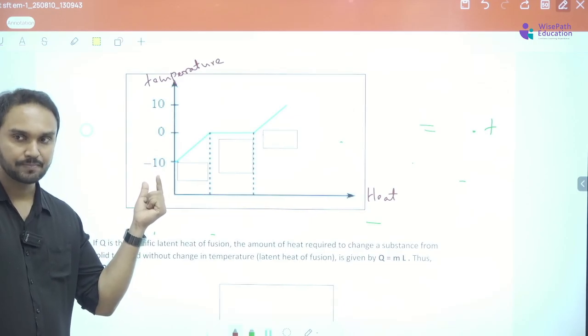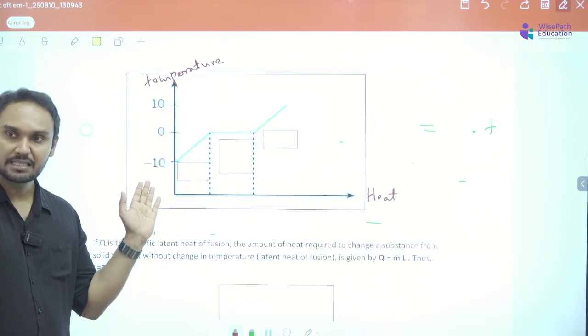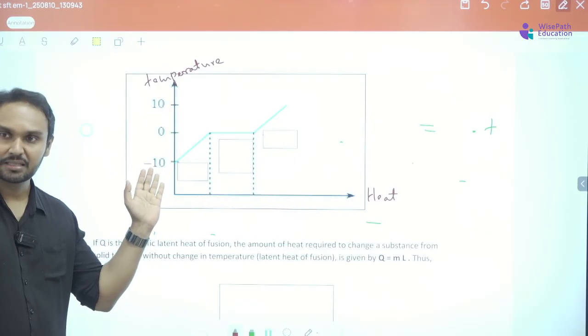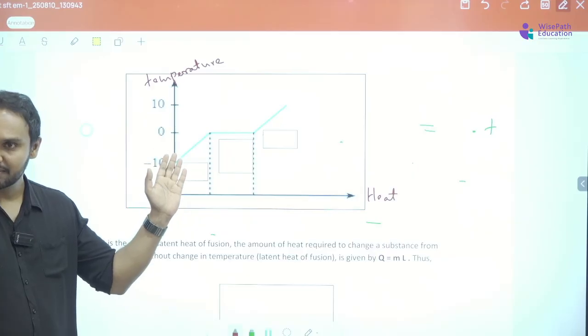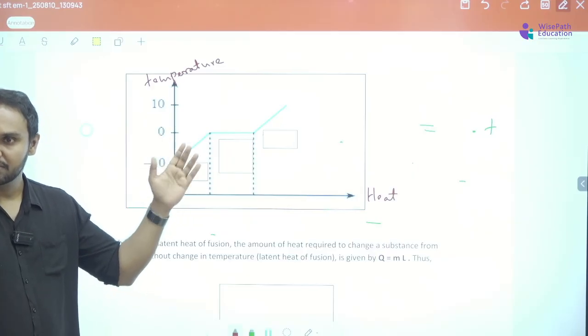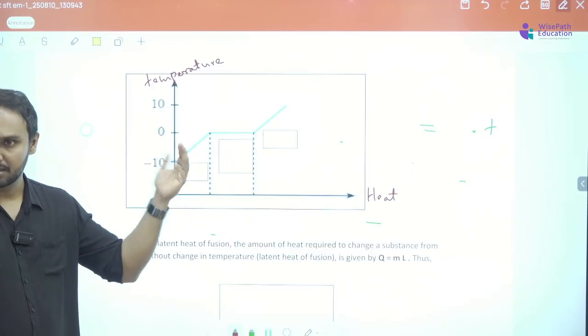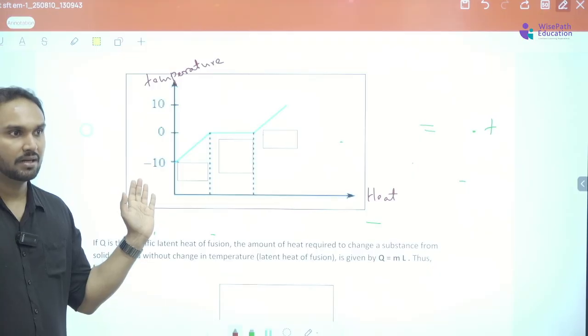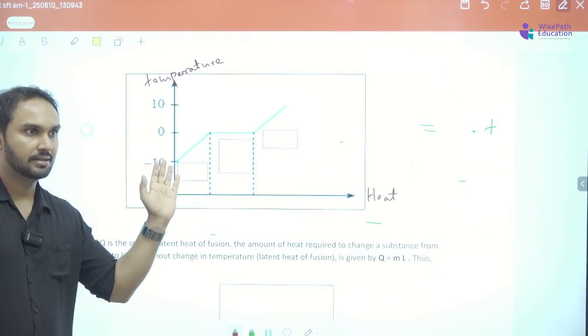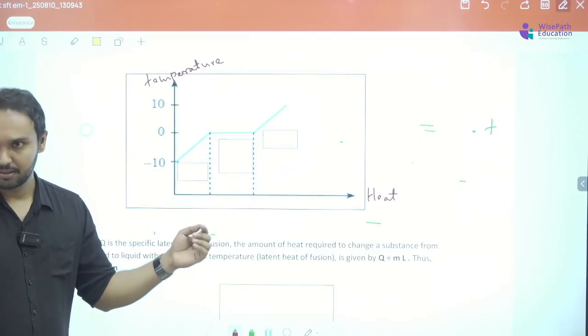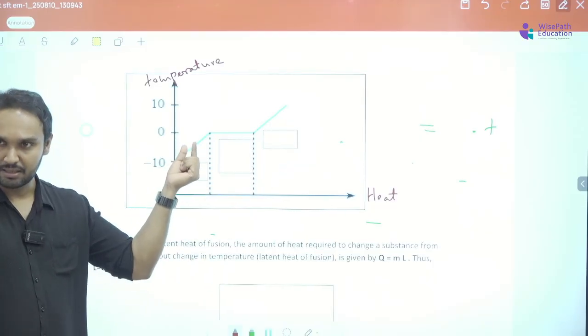Now what happens here? The temperature of the ice increases. So it's increasing: minus 10, minus 9, minus 8, minus 7, minus 6, minus 5. That is increasing the temperature, isn't it? The minus values are increasing when the numbers are decreasing, right? 9, 8, 7, likewise it's increasing. So the temperature is increasing.